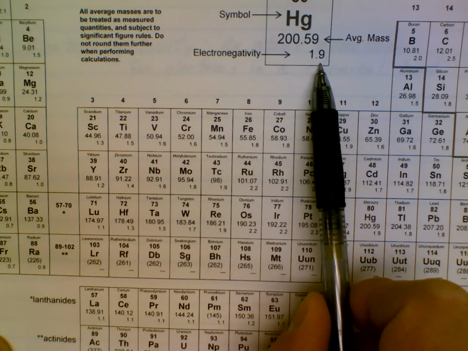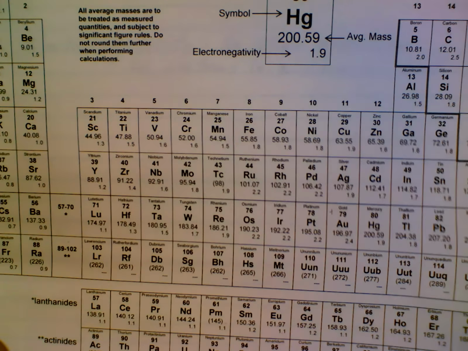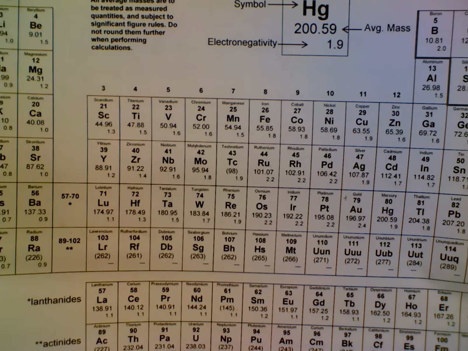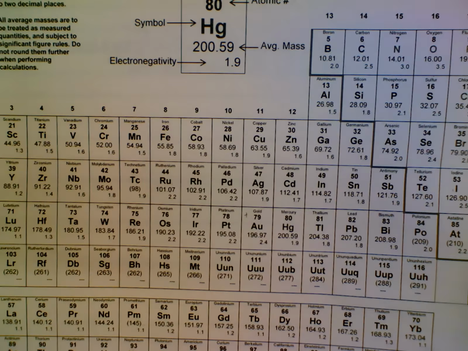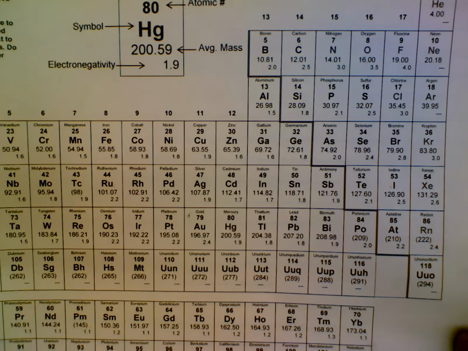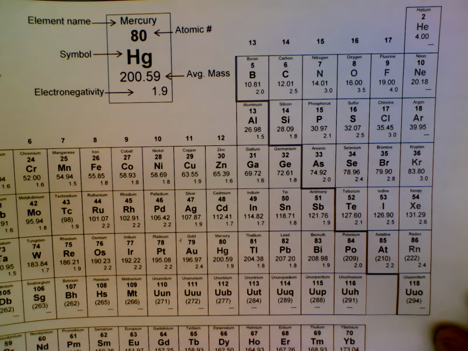it's 1.9 for mercury. Now, the values of the electronegativity trend from lower left to upper right on the periodic table. So the highest electronegativities will be in the upper right side, with the exception of the noble gases.